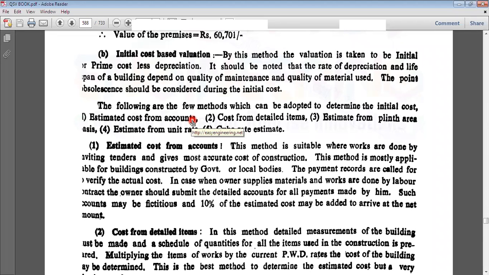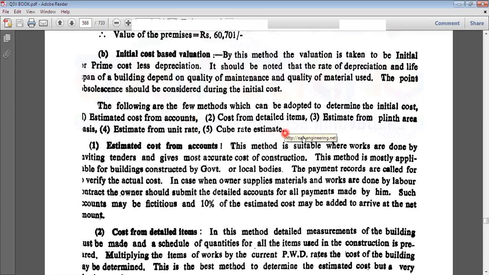Then cost from the detailed items, as I said earlier, your painting, plastering, from every activity, you need to calculate the estimated cost that is required for that particular activity, and then at the end you have to take the summation of both. Then estimated cost from the plinth area, that is plinth area basis, estimate from the unit rate, and initial cost based on the cubic rate estimates.